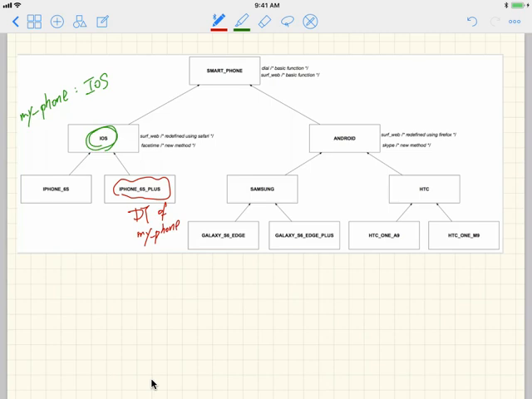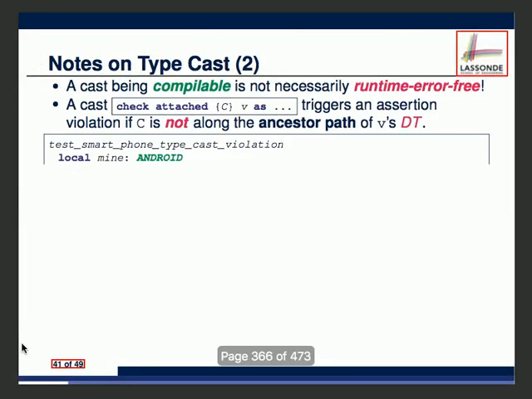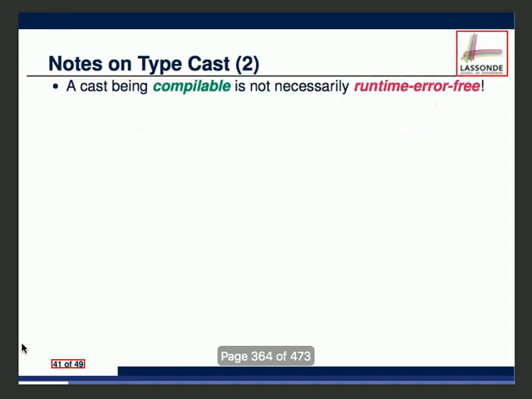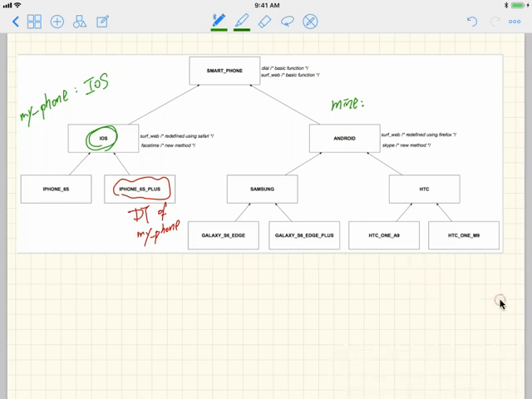Let's consider a new example. Let me be consistent with the name. I kind of forget how I called the variable name. It's called mine. Let's consider another case. I'm going to put it on the diagram as well. So let's say we got another phone called mine over here, with Android as the static type.